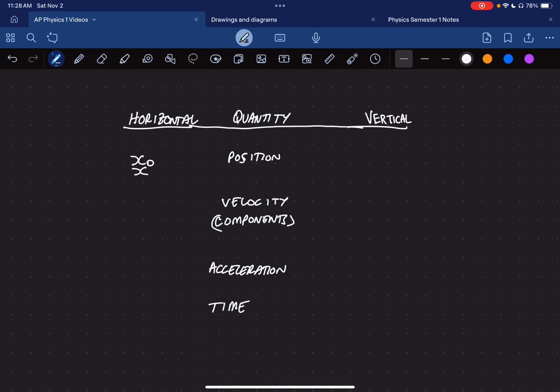But if we're talking about vertically, then we have the initial height, y naught, and the height later in time, which is y. For velocity, we have a constant horizontal velocity, but vertically we have your vertical velocity at time zero, and your vertical velocity at some later time. Vertically, there is acceleration. Horizontally, there is no acceleration. And of course, both of them will use t for time.